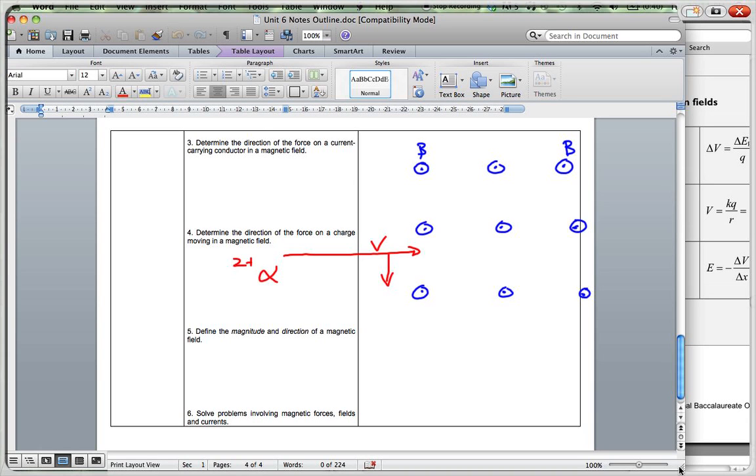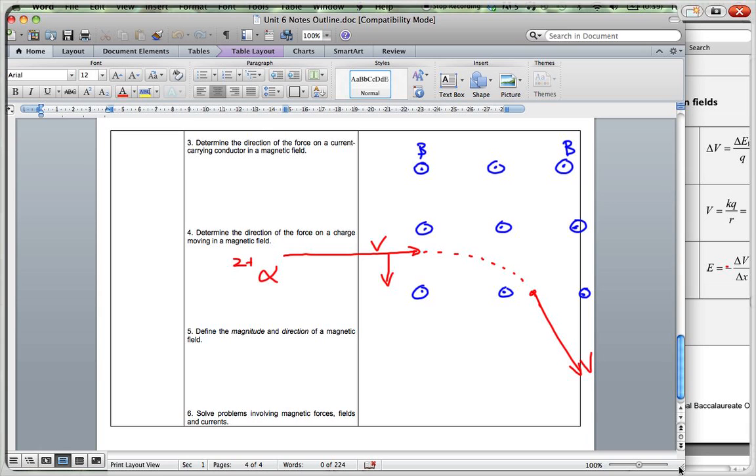Now, it's quite interesting because that force acting at right angles to the direction is the centripetal force that we studied in Unit 2, which caused circular motion. So what's going to happen is that it would start to do this. Let's look at the alpha particle at this point over here. Let's say it's going now in that direction. The field is coming out.